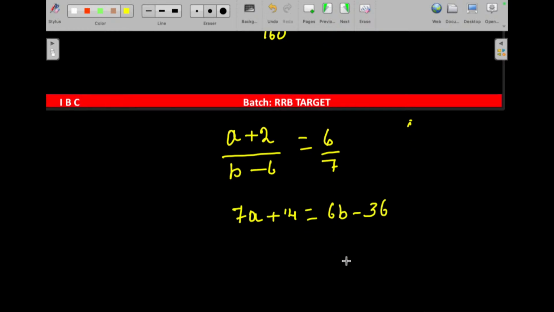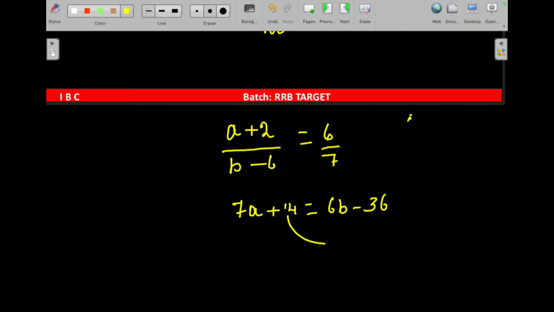Now I will shift it to one side. The equation I will get is 7A minus 6B is equal to minus 36 minus 14, which is minus 50.